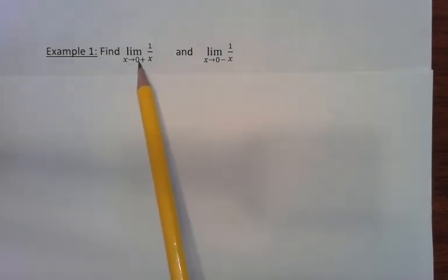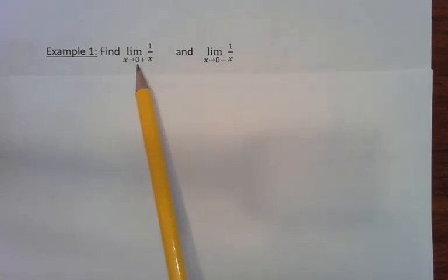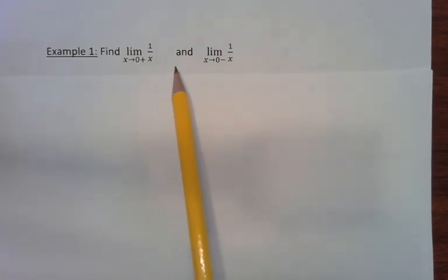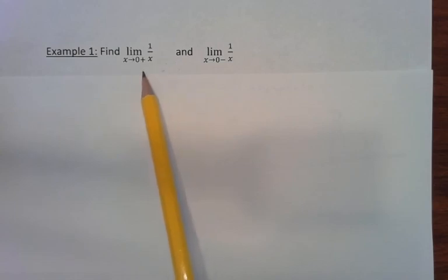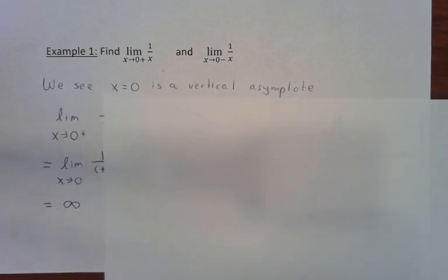Well, we're just plugging in x values that are getting really, really close to 0. So, 0.1, 0.01, 0.001, and we're going to see at that asymptote, x is equal to 0, are we approaching infinity or negative infinity? Well, let's take a look here.